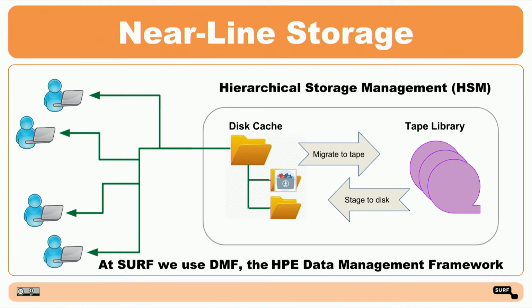An HSM will then handle automatically behind the scenes migration of that file to tape. And when that file is accessed again, it will restage it to cache so that the user can access their files again without having to manually run any other commands. At SURFsara, we use DMF, Hewlett-Packard's data management framework, on top of a very large Oracle library. We're currently at about 55 petabytes.